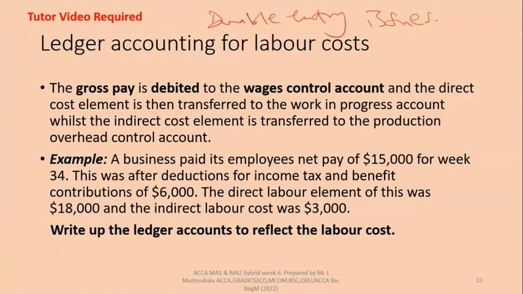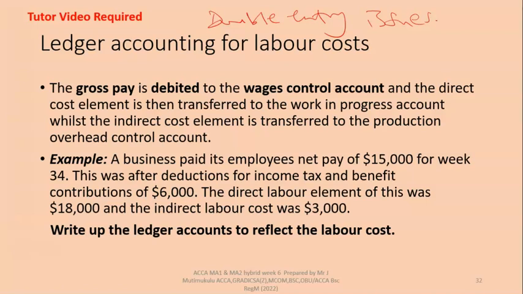You understand with an example. A business paid its employees net pay of $15,000 for week 34. This was after deductions for income tax and benefit contributions of $6,000. The direct labor element of this was $18,000, and the indirect labor cost was $3,000. Write up the ledger accounts to reflect the labor cost.